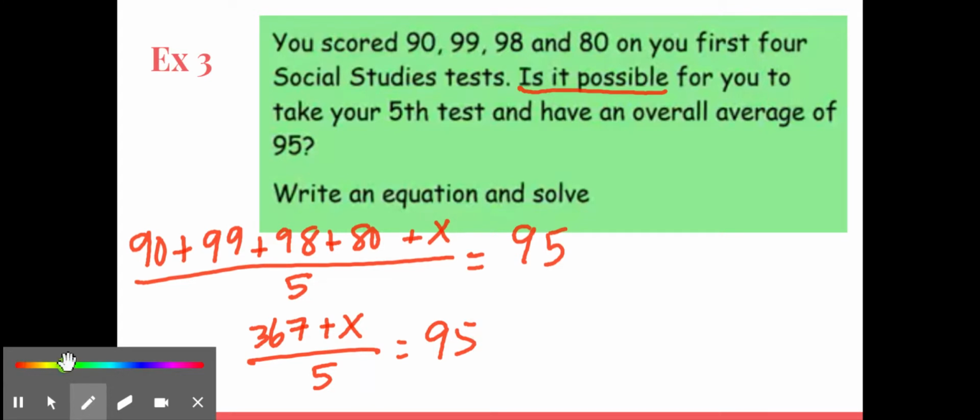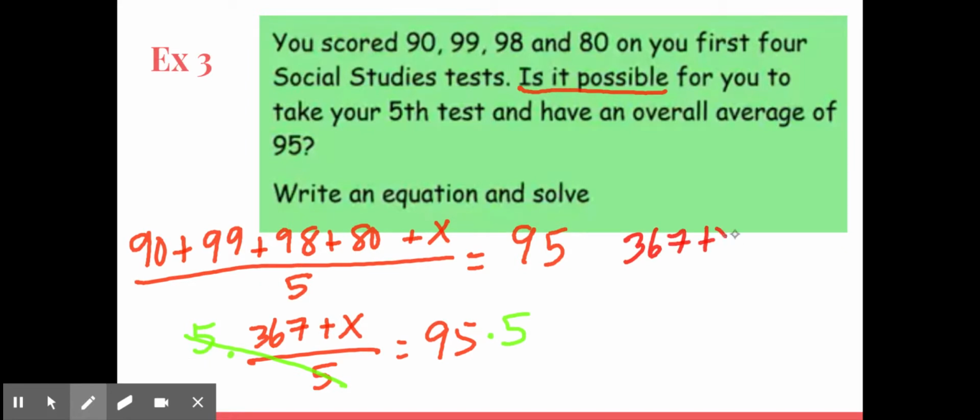Multiply both sides by 5 so that this forms a 1. And we have 367 plus x equals 95 times 5 to get 475.